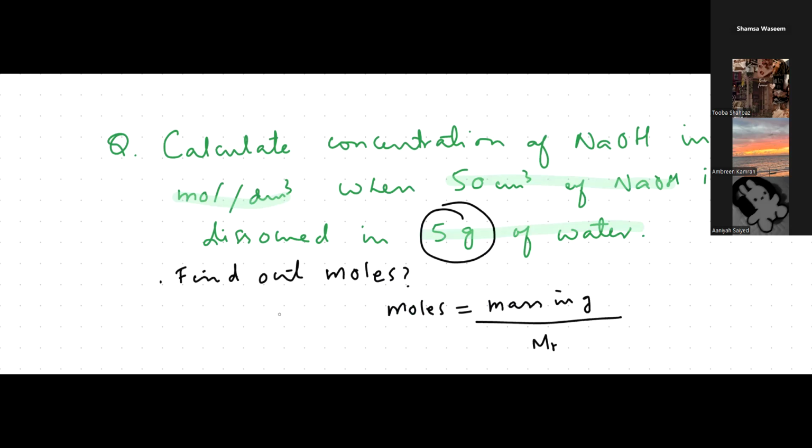We just discussed how to find the concentration. The concentration can be found by using the formula moles per unit volume, the amount of solute in moles in a particular volume. So C is equal to n upon V. Using this formula, we have to calculate the concentration of sodium hydroxide in mole per decimeter cube.